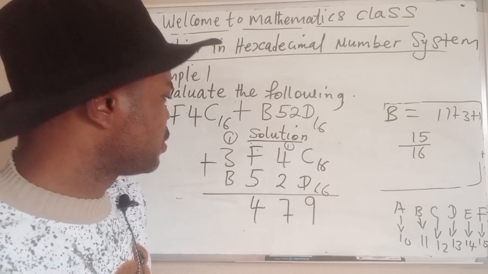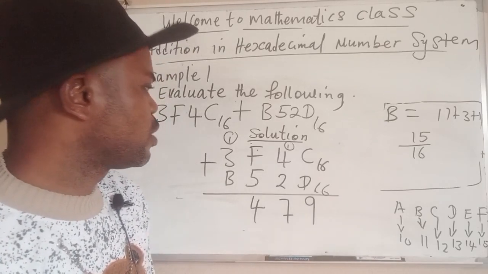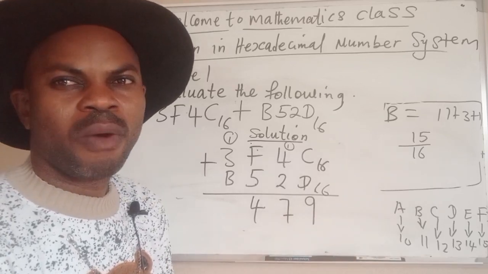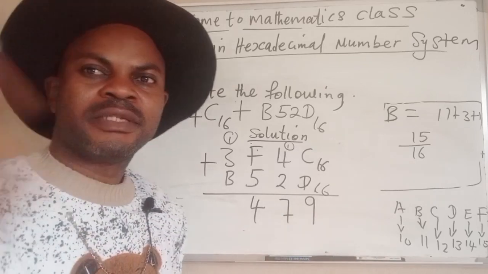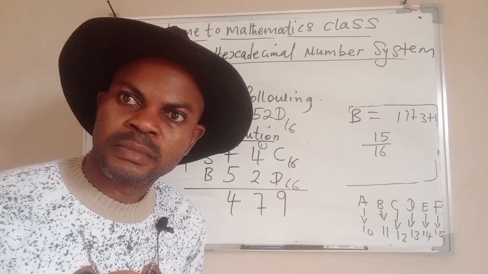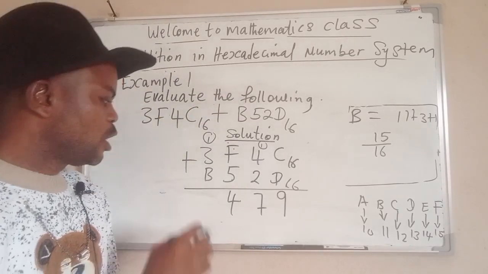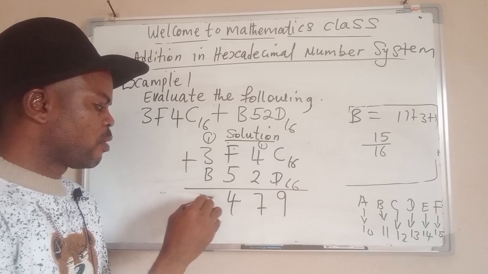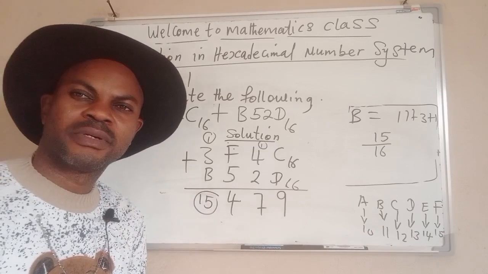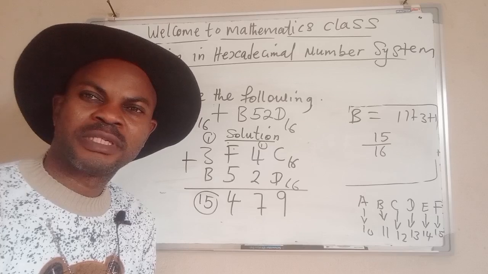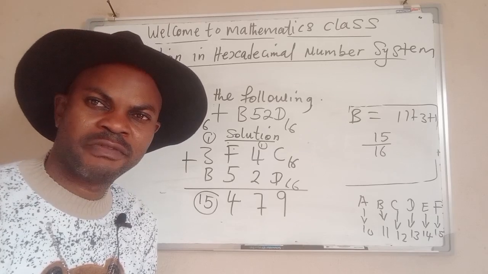What will you get? 15 divided by the base. In this case, if you choose to write down 15, you'll be making a whole lot of error. Remember, in base 16, you don't write two digits. You don't say 15.